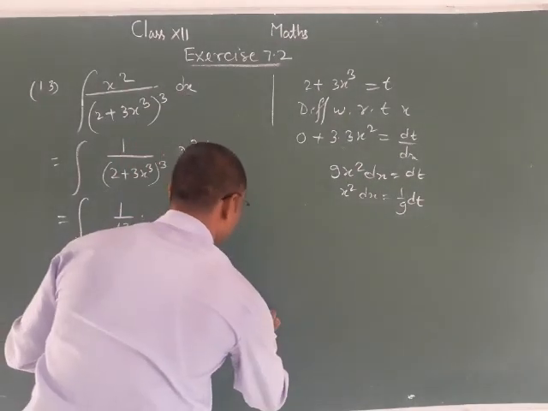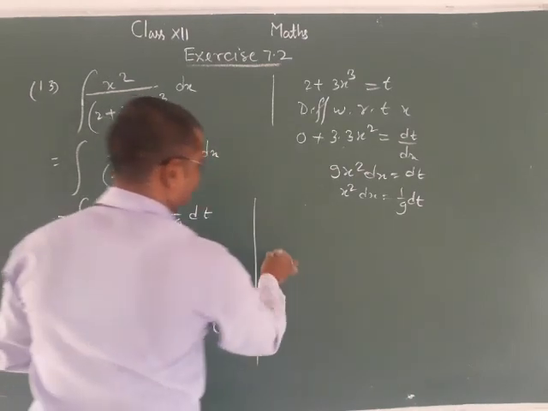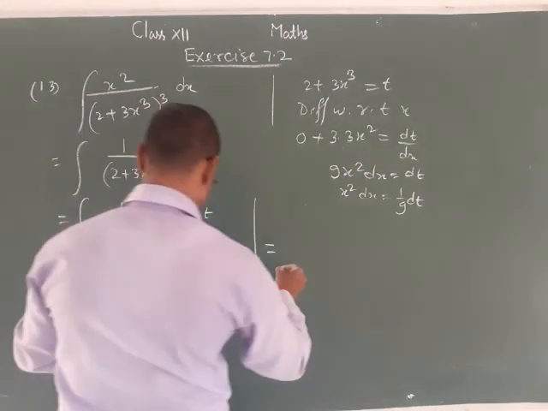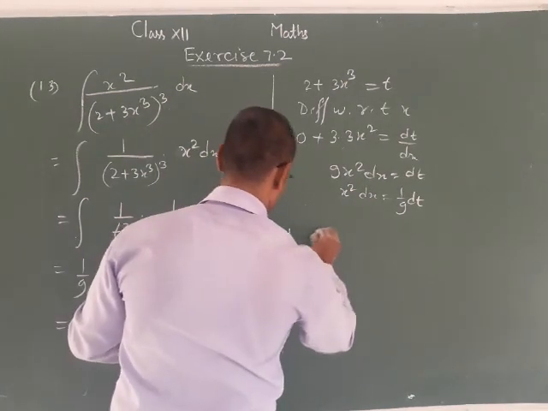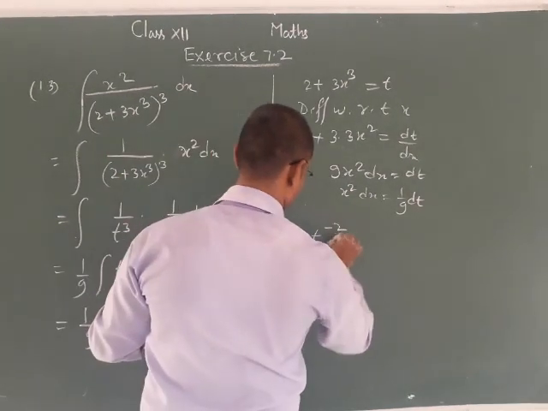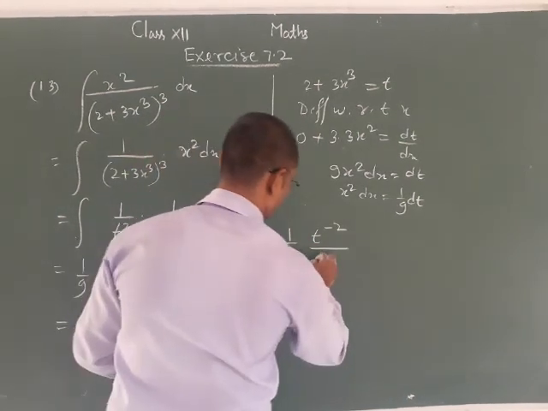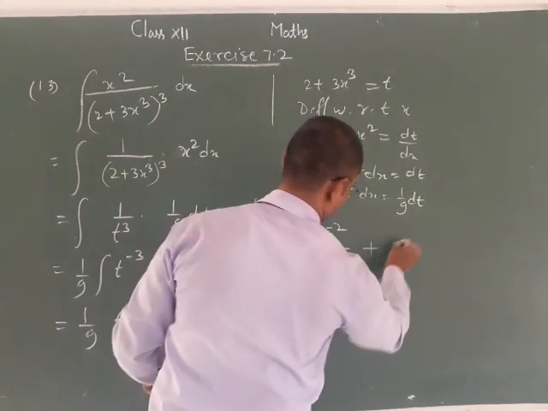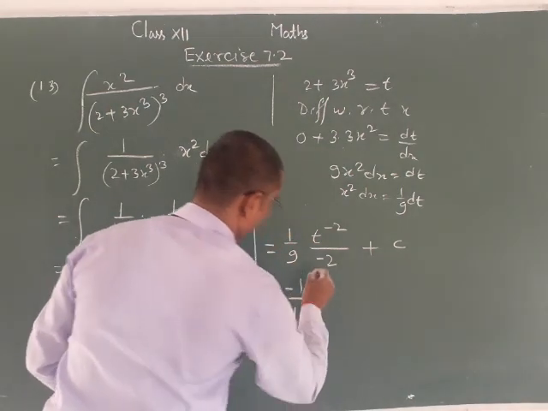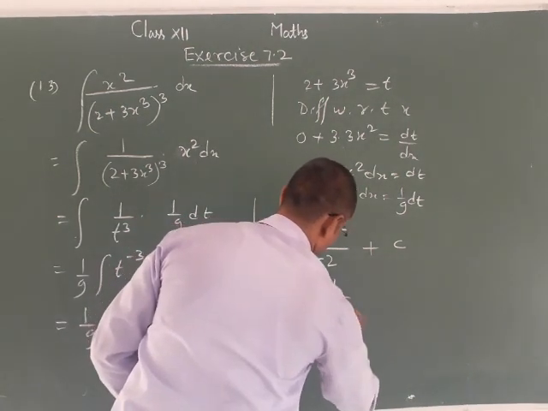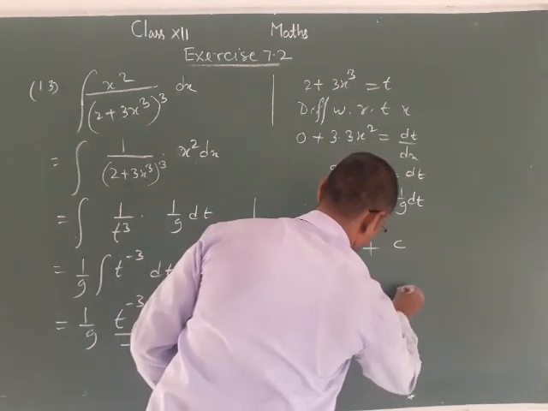Also we can write 1 upon 9 times t to the power minus 2 upon minus 2, plus c. So minus 1 upon 18 times 1 upon t square, plus c.